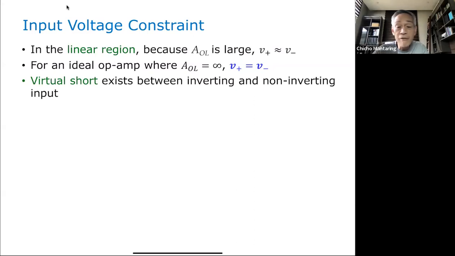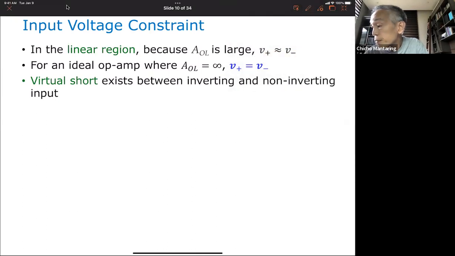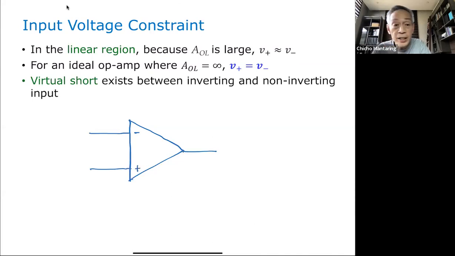And we say that a virtual short exists between the inverting and non-inverting input. So pag ito yung op-amp mo, if this is in the linear region, we say that there is a virtual short, no?